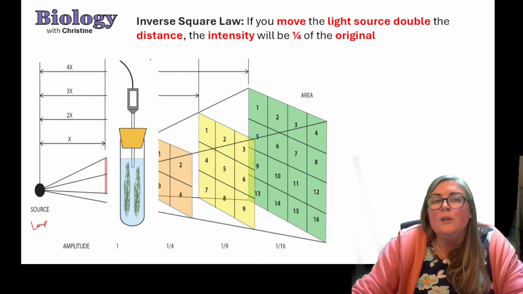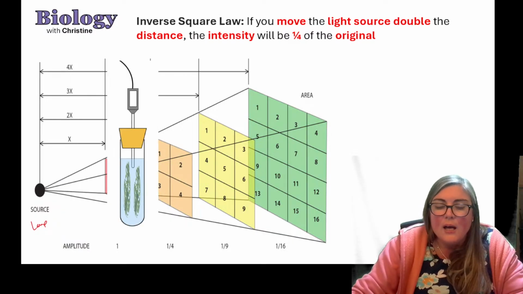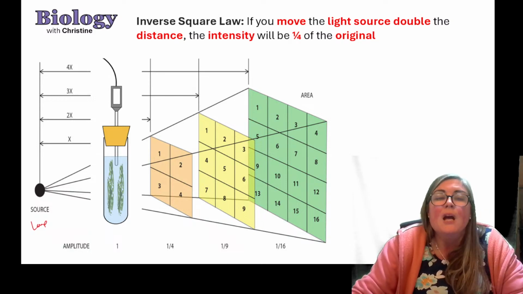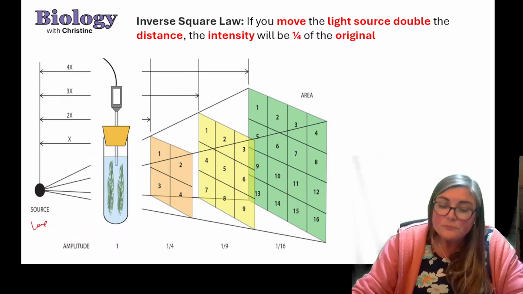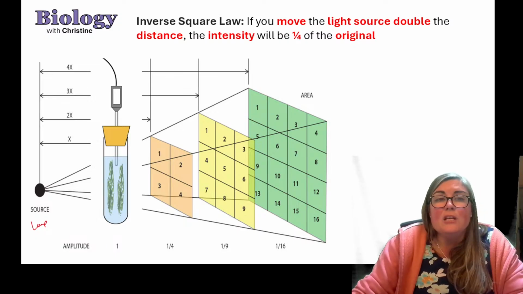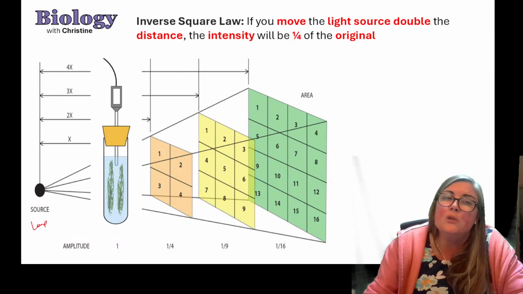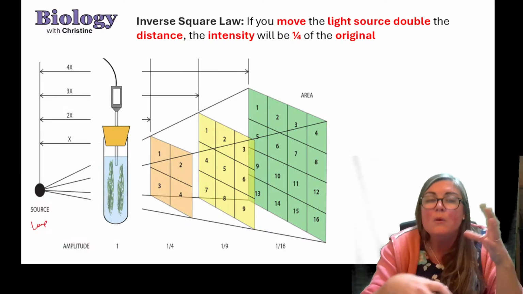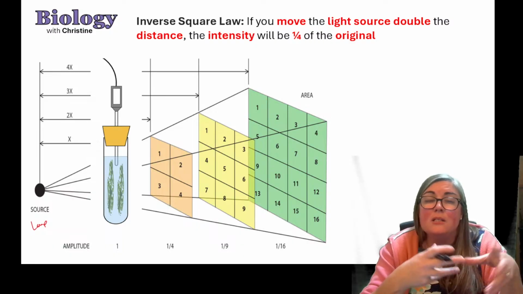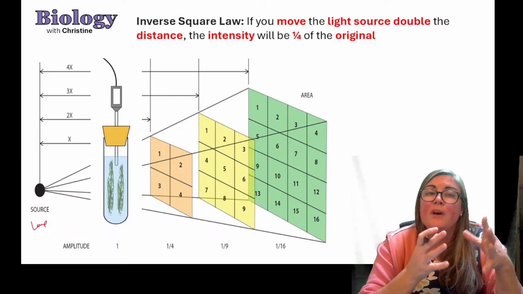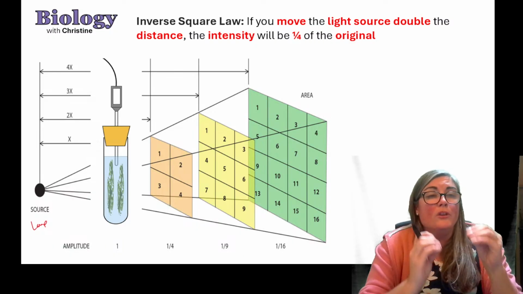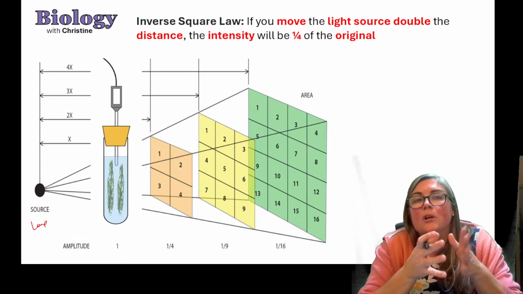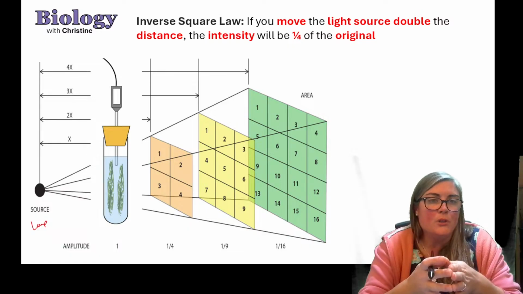So if I want to look at photosynthesis, I'm going to take a plant, for example, Elodea, and place that plant into water which is going to have a source of carbon dioxide. So I'm probably going to put it into a hydrogen carbonate solution. If I do that, I will then be looking at how much oxygen is being produced.